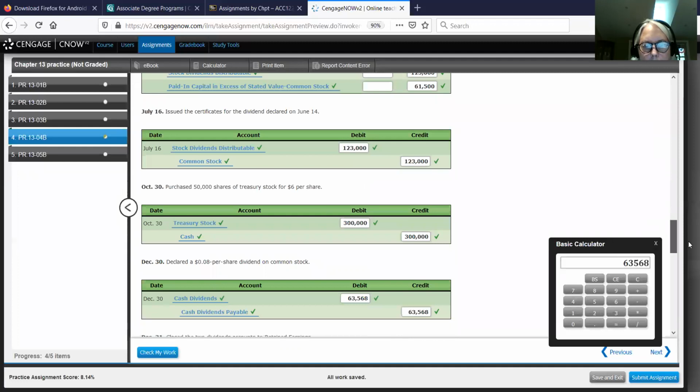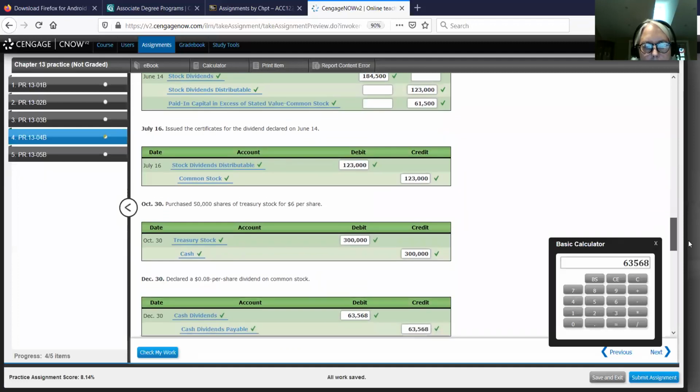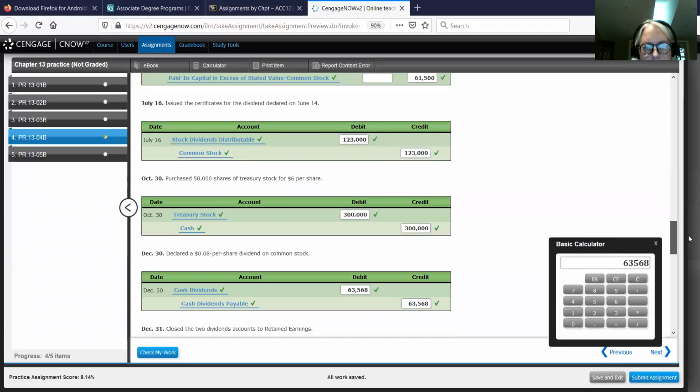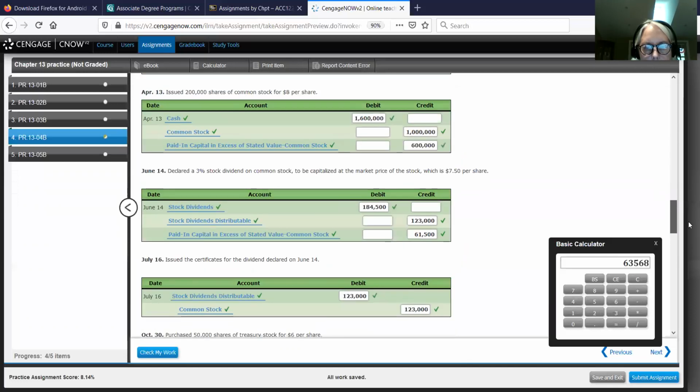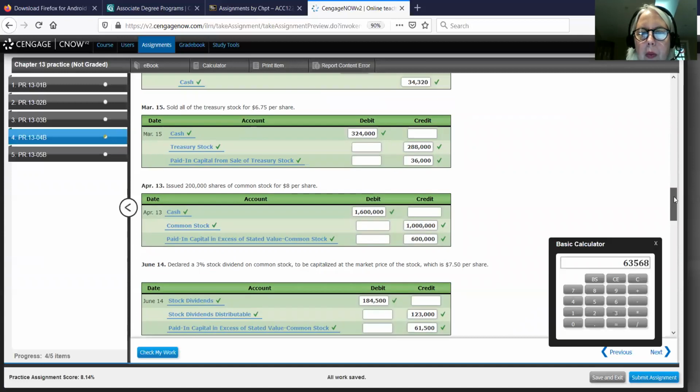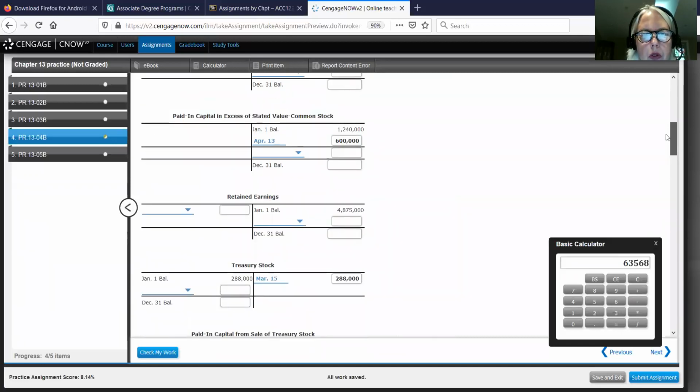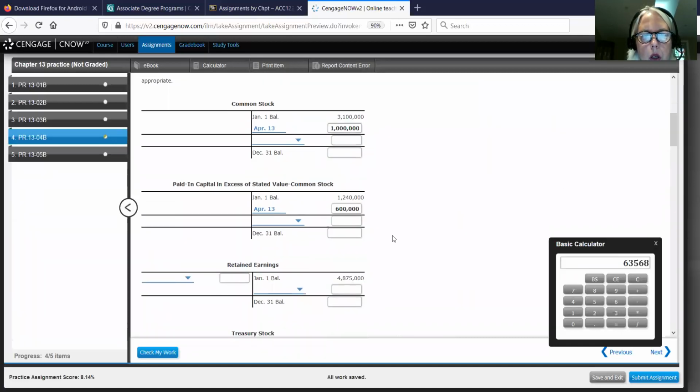Just bear with me just a second. Kind of lost my place here. Okay, I was on the June the 14th transaction, and I was posting to the paid-in capital in excess of stated value on the common stock. And that amount was $61,500.